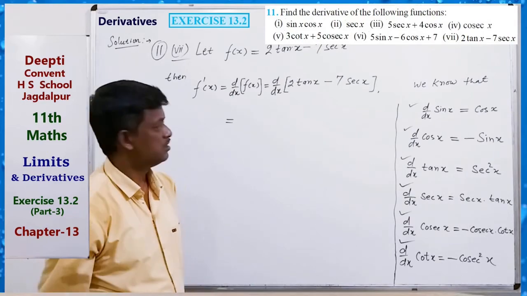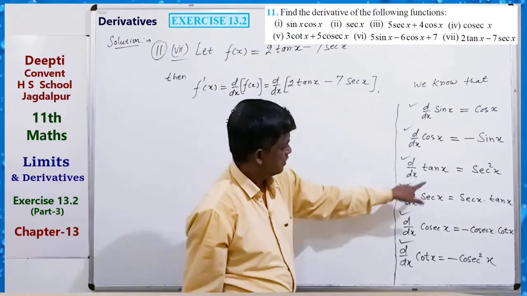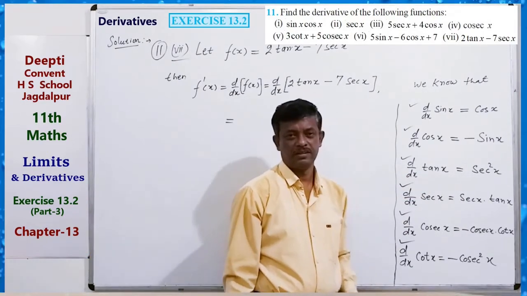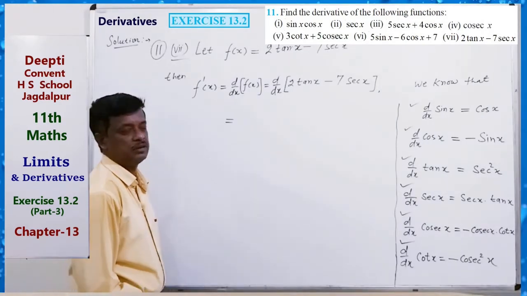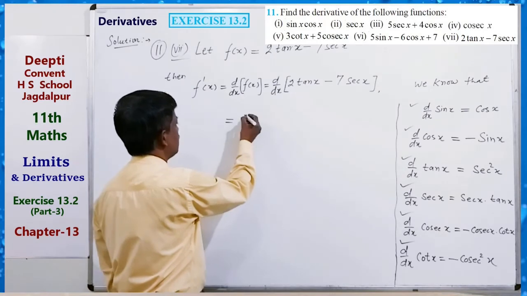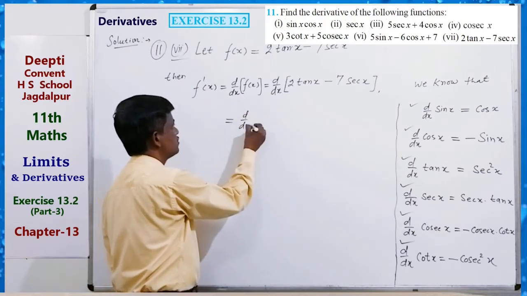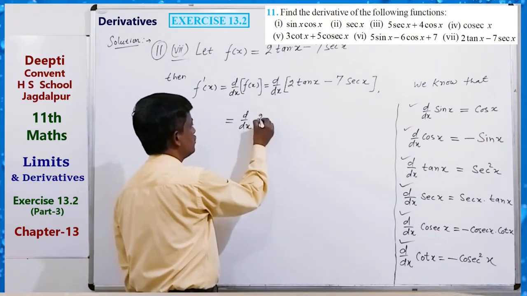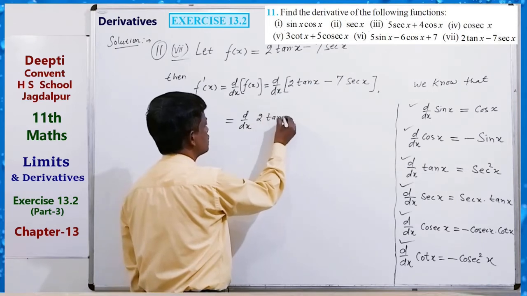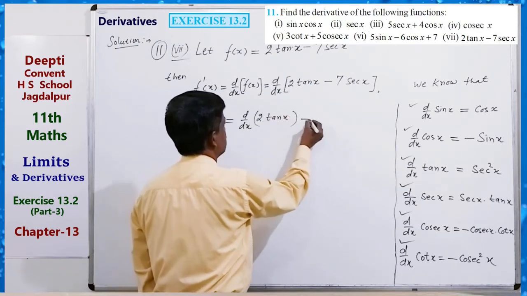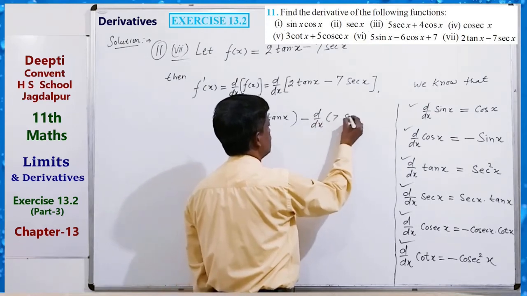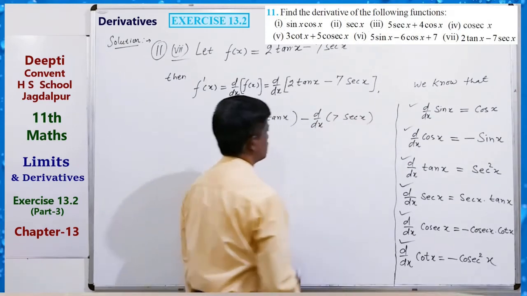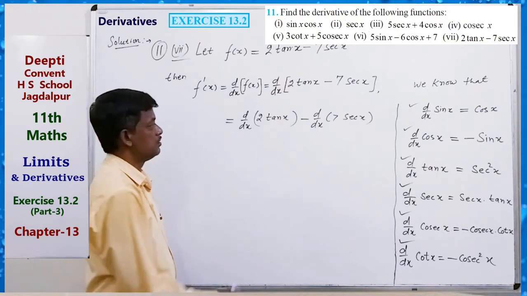Same process, because here tan, here sec. If long question, then find separately by using first principle method. Otherwise, in short question you can use direct. So dy dx of 2 tan x minus dy dx of 7 sec x. Just use algebra.